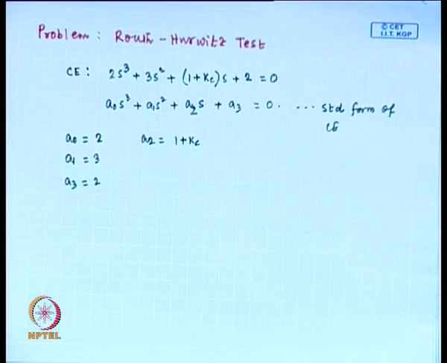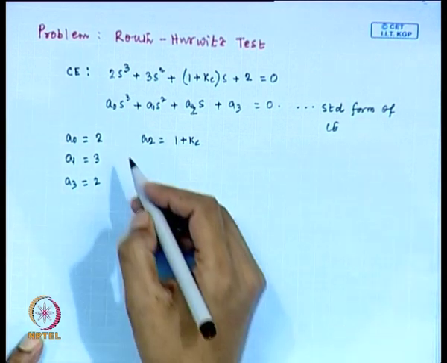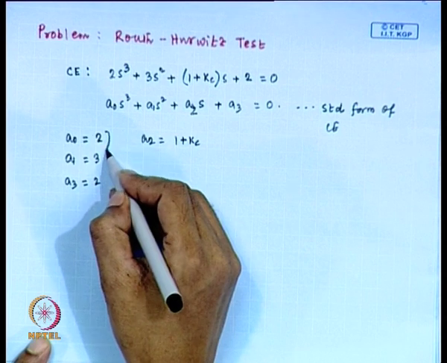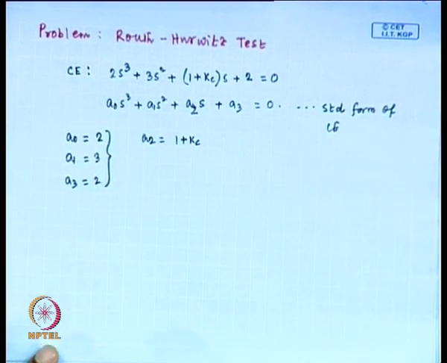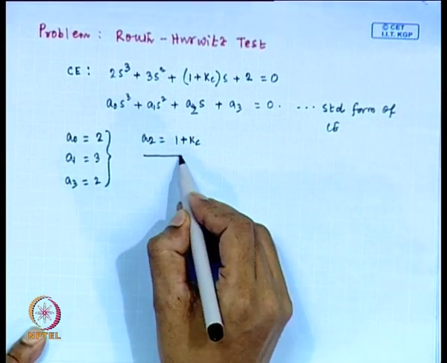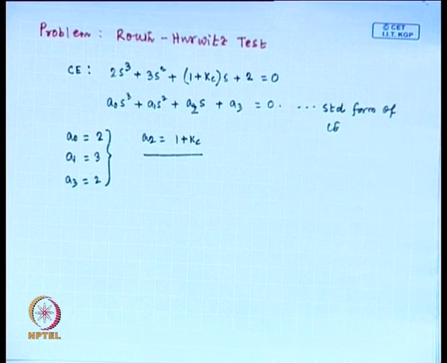A naught, a 1 and a 3 are positive coefficients, but we cannot say about a 2, fine. But if a 2 is negative, there is no need of further analysis.